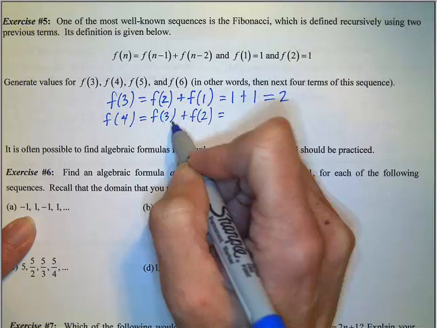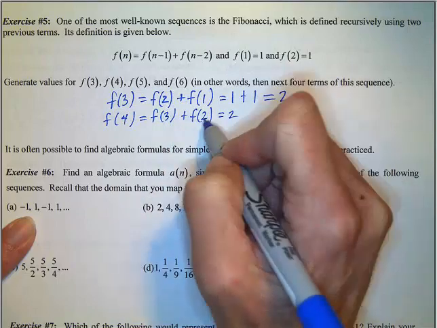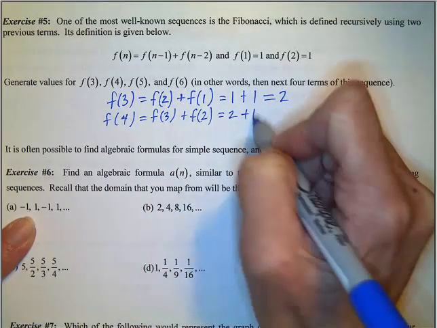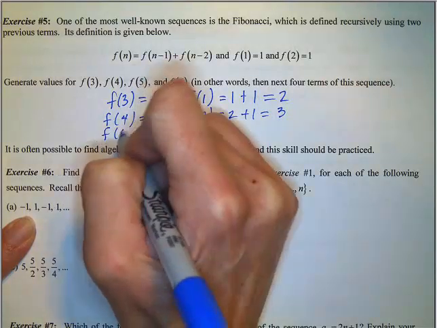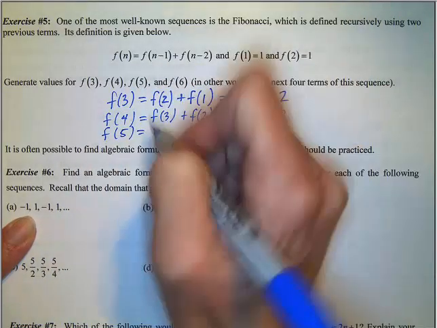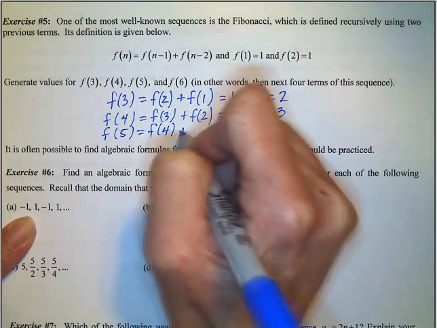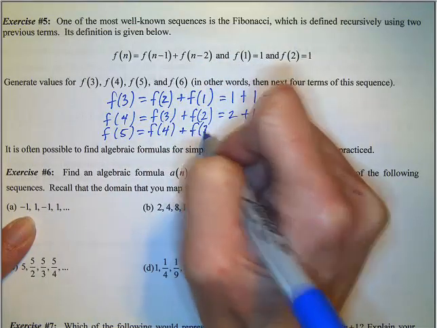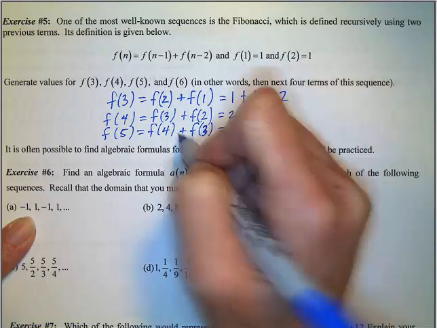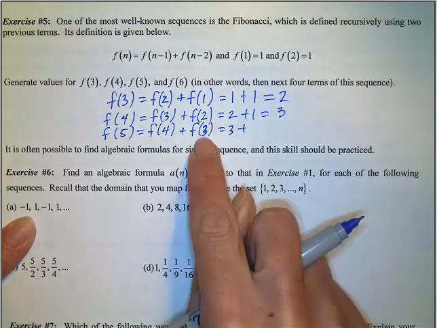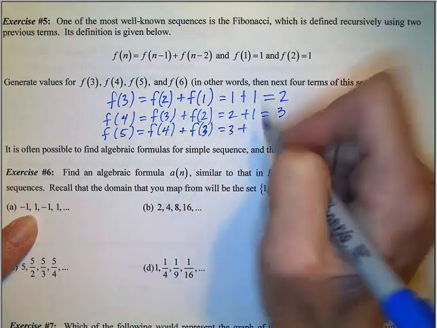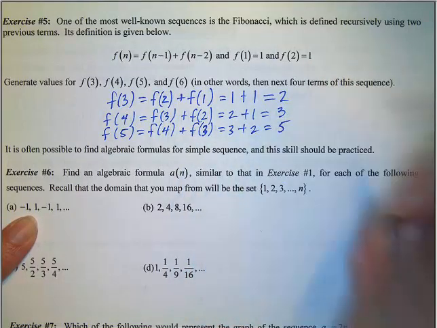F of 3 we just found, which is 2. F of 2 is 1, so 3. F of 5 is the previous term, f of 4, and the one before that, f of 3. So f of 4 we just found is 3, plus f of 3, which is 2, so 5.